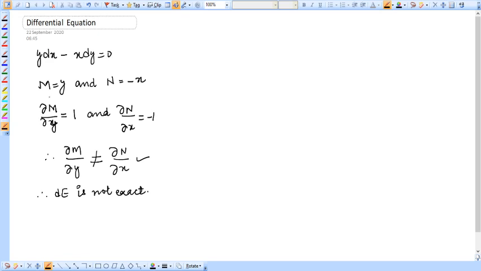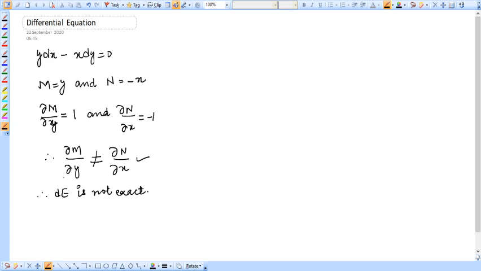So in order to solve this, we will be converting this equation into an exact differential equation. How to convert this equation into an exact differential equation? So the idea of the integrating factor comes into the picture.